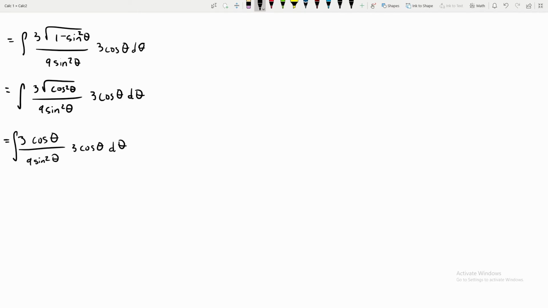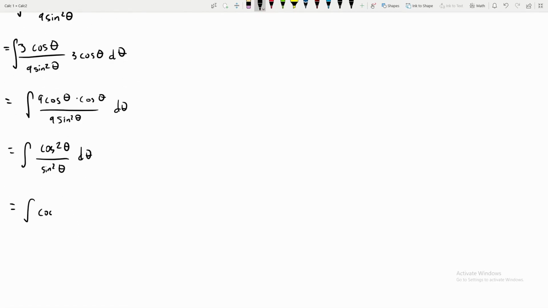So now, as you can probably tell, there are a bunch of simplifications that we can make, and I'm going to go ahead and do them. So there we go, we have simplified this integral and we've ended up with the integral of cotangent squared theta.